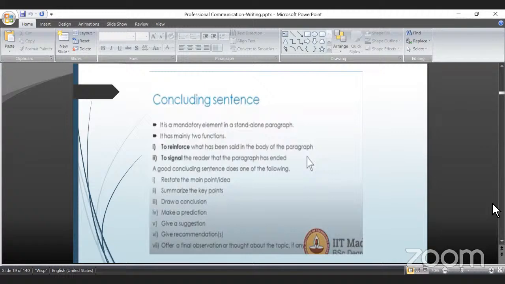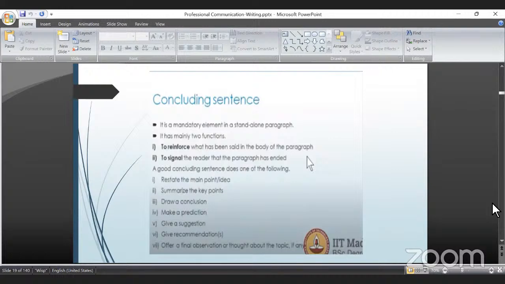Make a prediction, right? The example that we just saw, the author says it may continue to haunt the children in the coming years, right? So it's a form of prediction, okay? These kinds of sentences can also become the concluding sentence to a paragraph, right? Okay, fourth one, make a prediction.